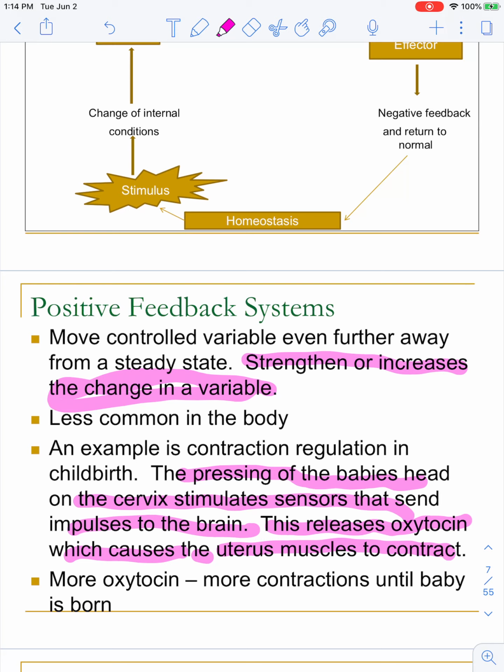However, this is required. It's required to keep moving and away and away and away from that set point until the baby is birthed or born, and then it'll stop. So the oxytocin is what makes the uterus contract harder, and the harder the baby presses, the more oxytocin is released, and so we just are moving farther and farther from that set point.